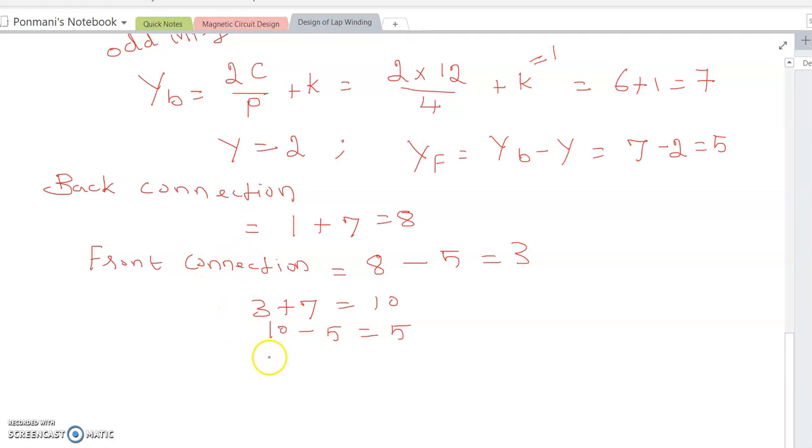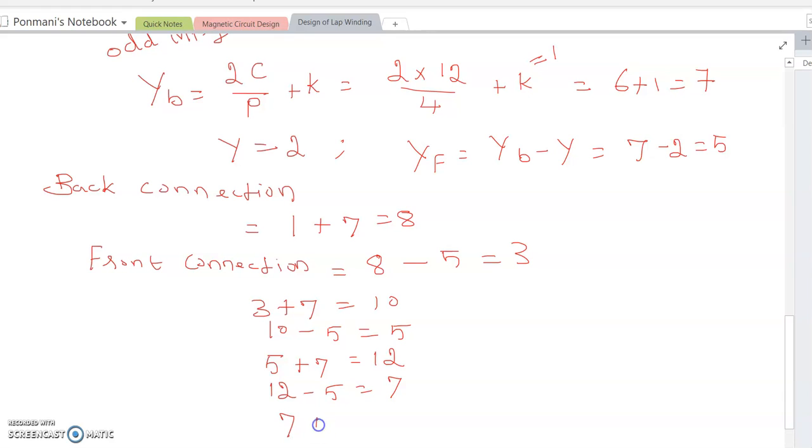And then 5 plus 7 is equal to 12. Then 12 minus 5 is equal to 7. So like that we have to continue.